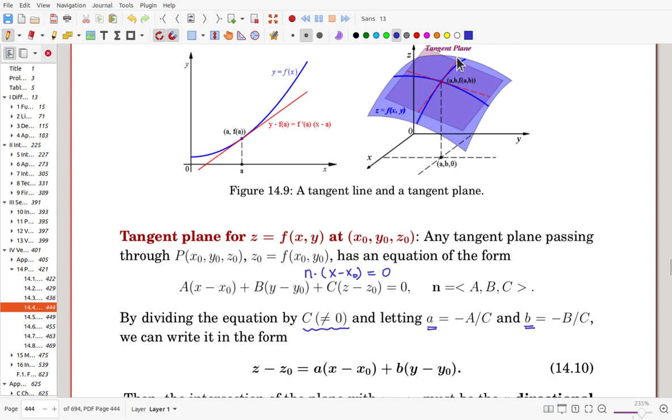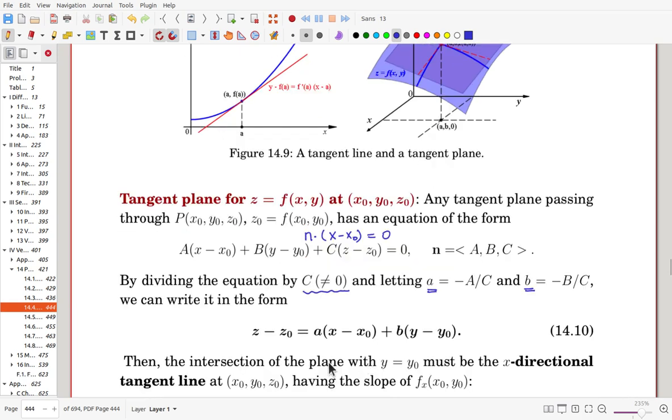So this is basically the tangent line in the x direction. Once y equals y0, this portion is the tangent line in the x direction, so this must be the x directional derivative.